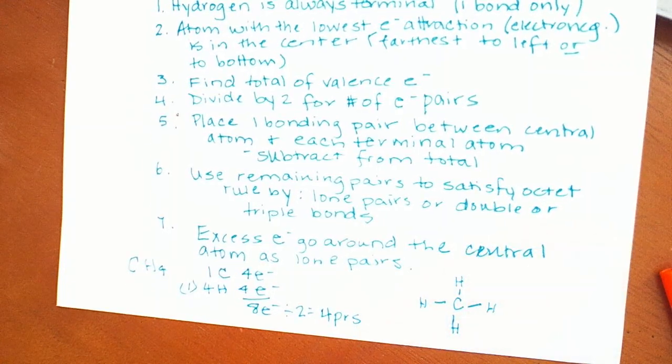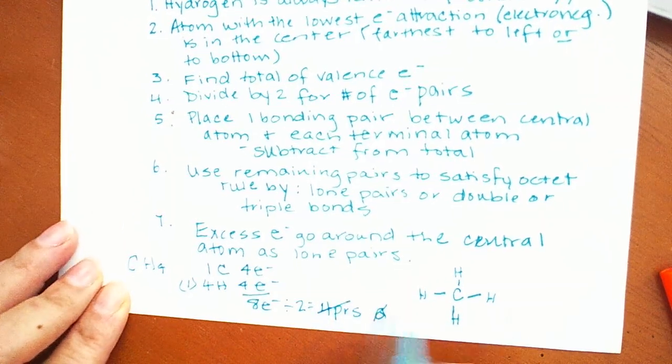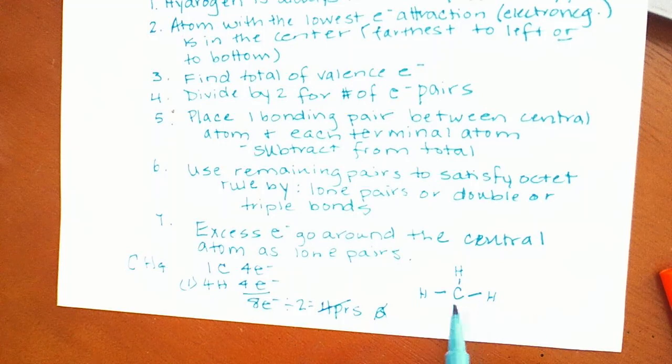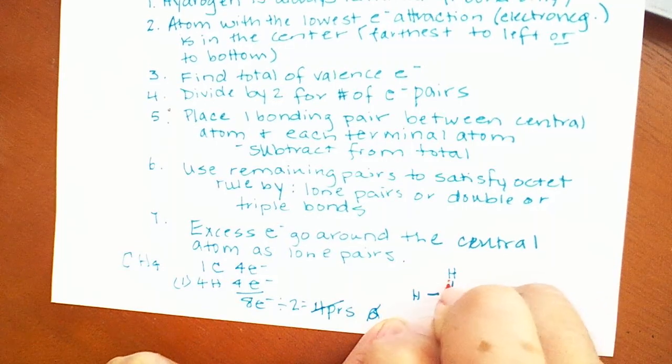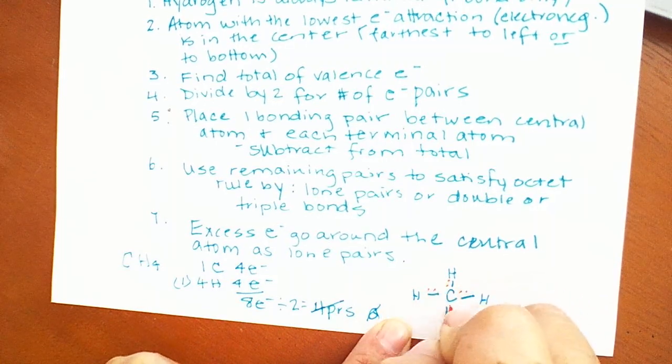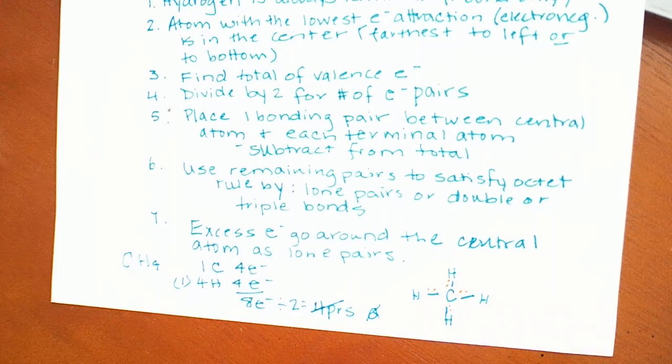I subtract that, so that's 4 pairs, now I'm down to 0. And actually, I'm done. The carbon has access to 8 electrons, 2 in each one of these pairs. And hydrogen has access to 2, which is all hydrogen needs because hydrogen is a 1s, and so it's full with only 2 electrons. So this is what methane looks like, CH4.